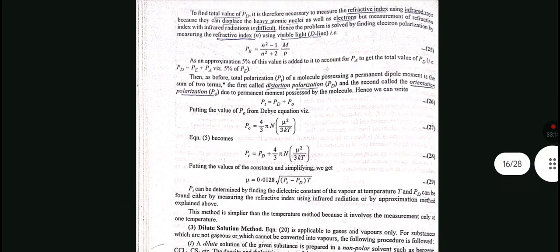To find the value of Pd, it is necessary to measure the refractive index using infrared rays because they displace the heavy atomic nuclei as well as electrons, but measurement of the refractive index with infrared radiation is difficult. Hence, the problem is solved by finding the electron polarization PE by measuring the refractive index using visible light, ((n² - 1)/(n² + 2)) (M/d), as an approximation. 5% of the value is added to account for PA to get the total value, Pd = PE + PA, that is PE + 0.05 PE.